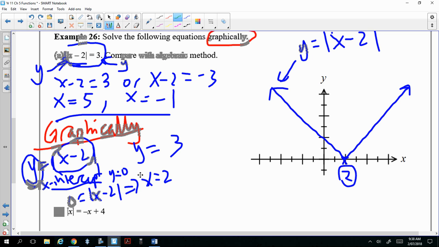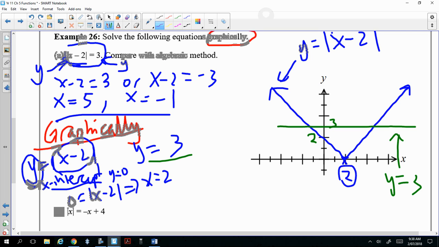This is y equals 3. So I drew this graph, y equals 3, and y equals absolute value of x minus 2 separately.